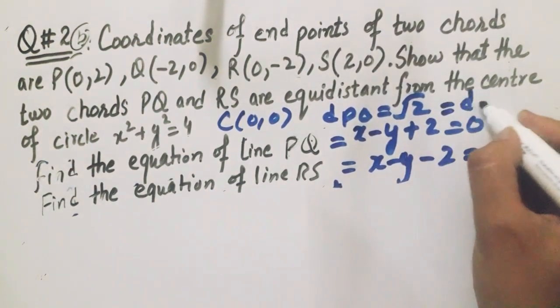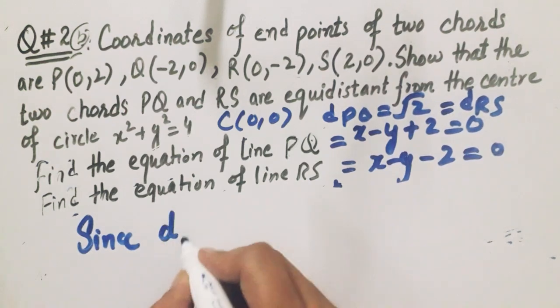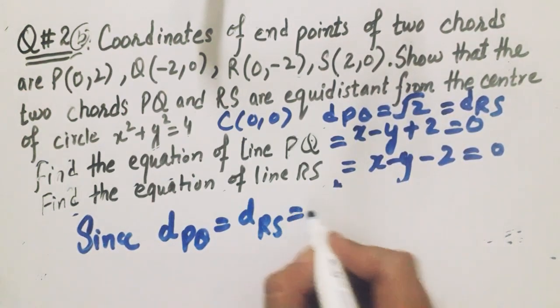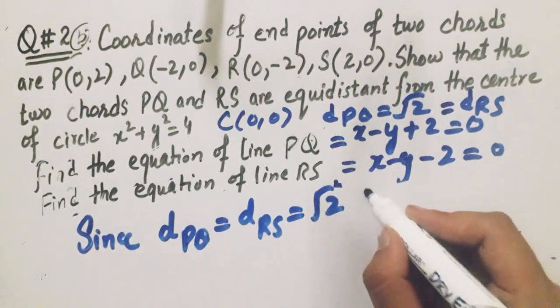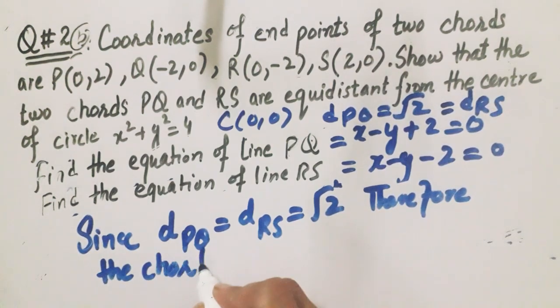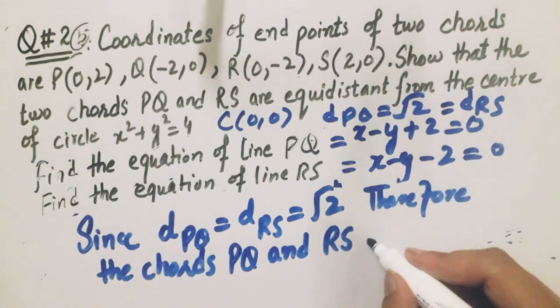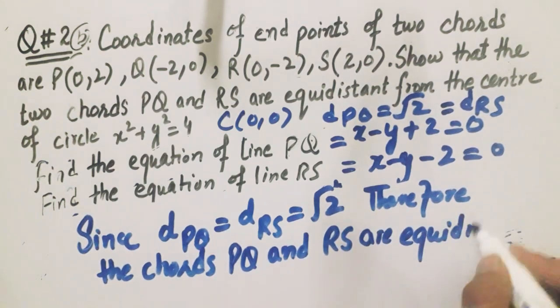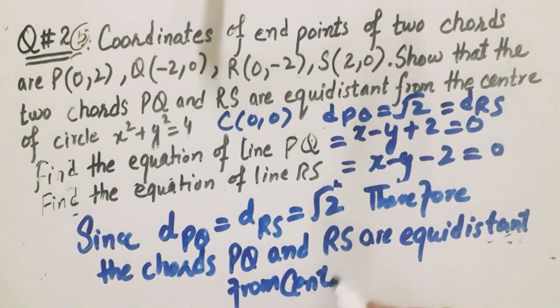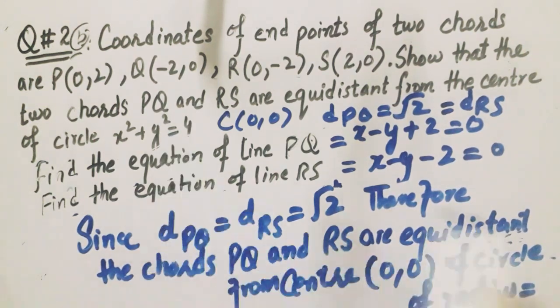Since distance of PQ is equal to the distance of RS, which is equal to square root 2, therefore the chords PQ and RS are equidistant from the center 0, 0 of the circle of radius 4. Here 4 square is r square, it means radius is 2.